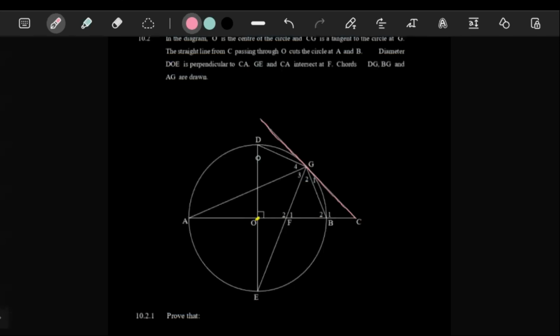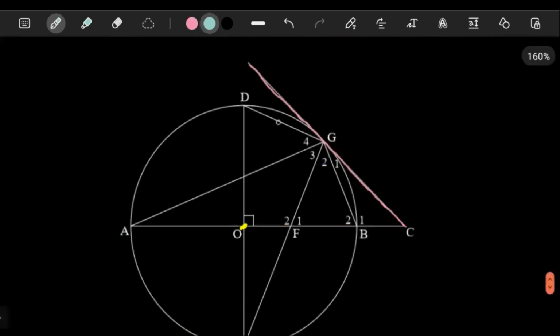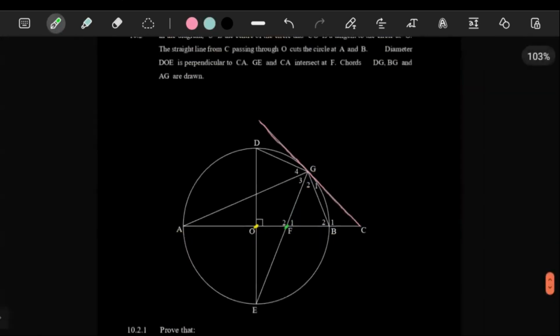DOE is perpendicular to CA, and then it says GE and CA intersect at F. Yeah, this paper was just a lot of recycled questions. These are all recycled questions from other past papers.